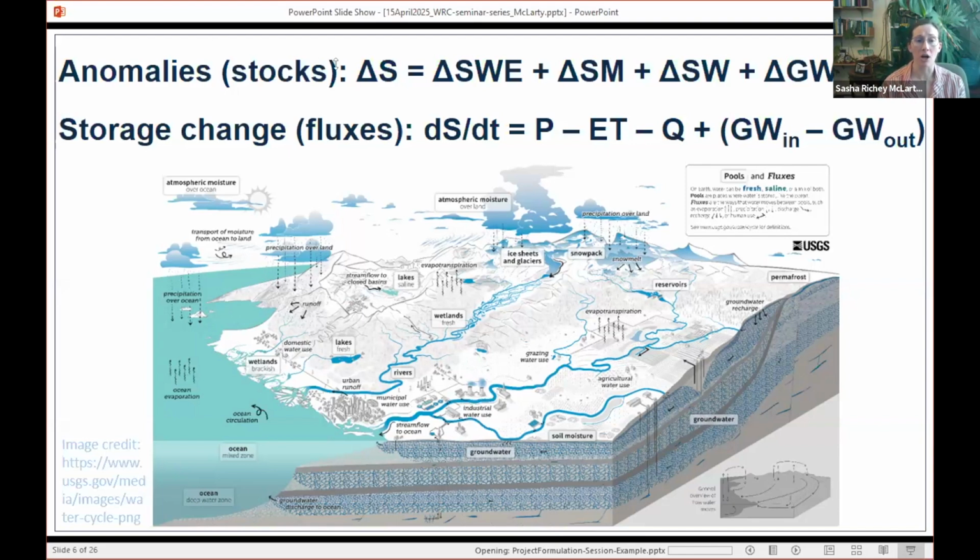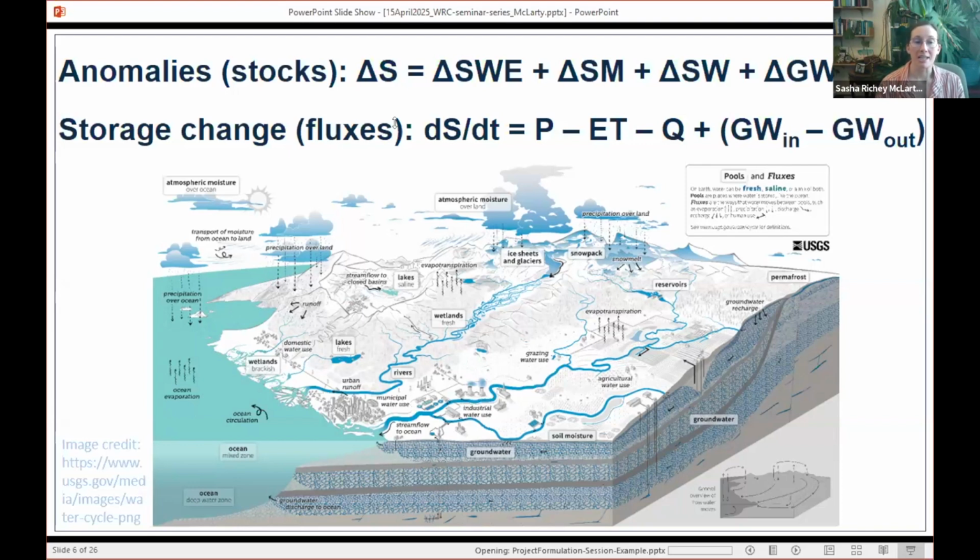We can either think about anomalies or deviations from the mean in the storages or stocks of water. So here, capital S is the total water stored on land, and that's equal to the sum of anomalies in snow water equivalent, soil moisture, surface water, and groundwater. If you're in an area where glaciers are present, glaciers would be added to this water budget.